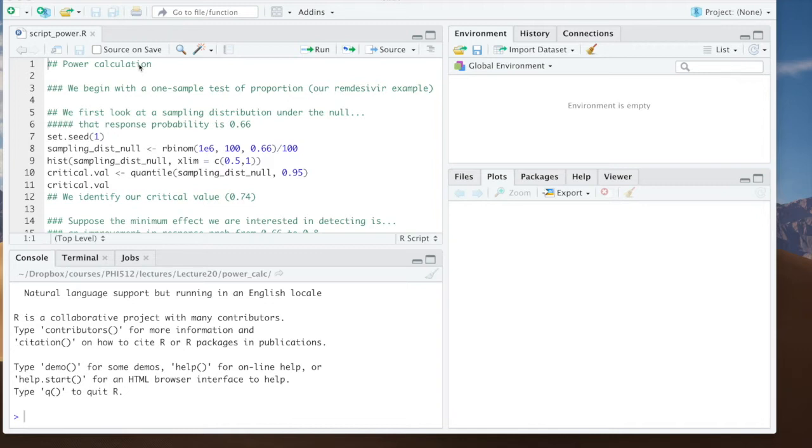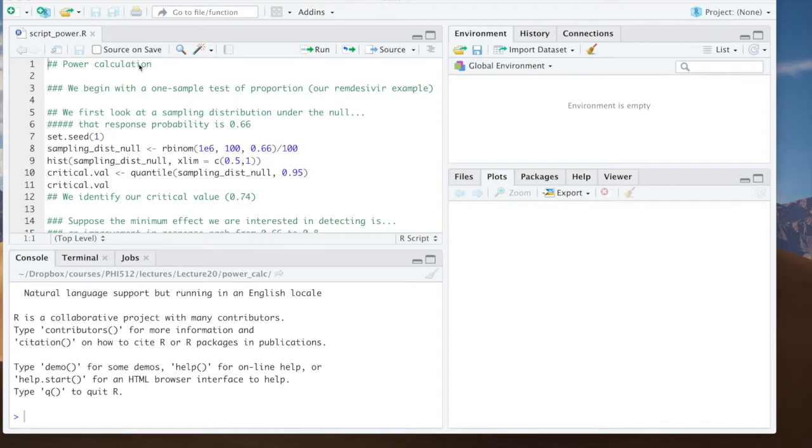But this is an example we've been repeatedly engaging with in this class. So recall that we are imagining we know that the response probability, or the probability of experiencing improvement for patients with severe COVID on standard of care, is 0.66. And we are trying to see if remdesivir will improve that, will increase that response probability from 0.66 to something larger.